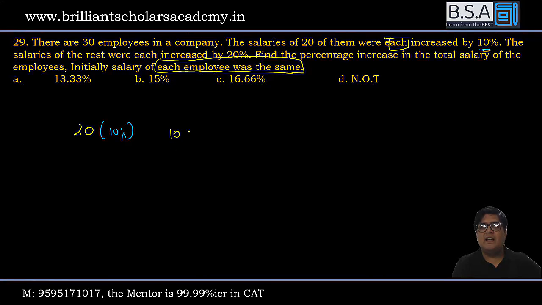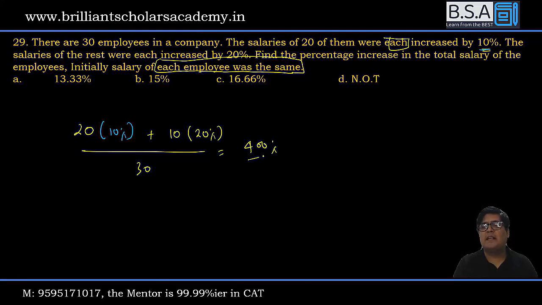What is the increase on their side? 20. So when I add this, that is the total increase. So what is the average increase per employee? How many employees do we have? 30. खत्म आपका question. 200 plus 200, 400 upon 30. So 400 percentage upon 30. 0 कट गया. 13.33%.